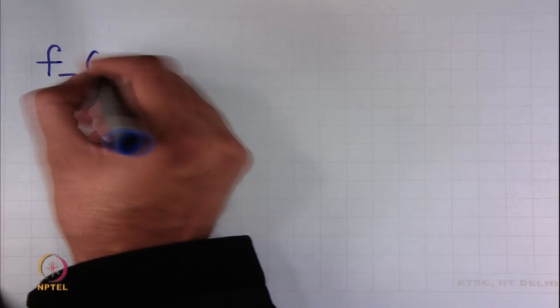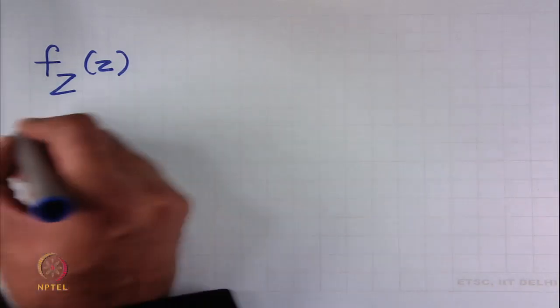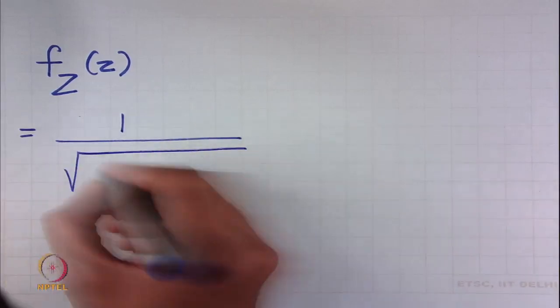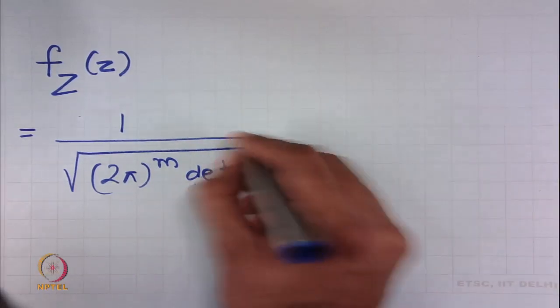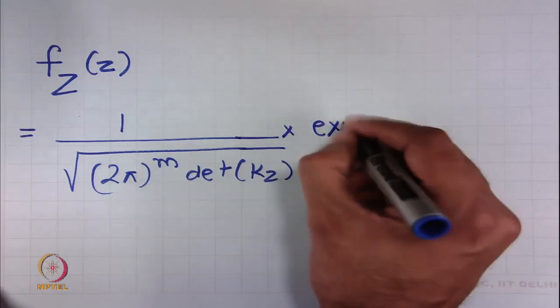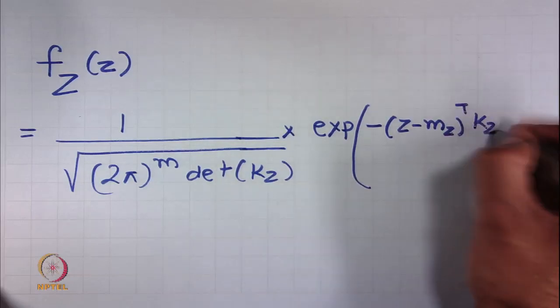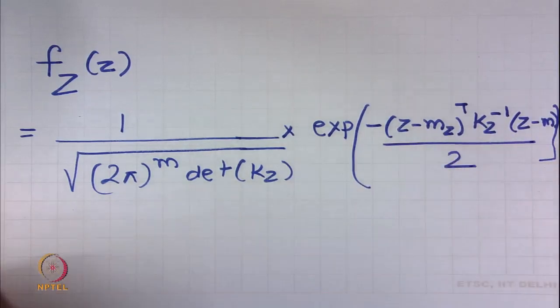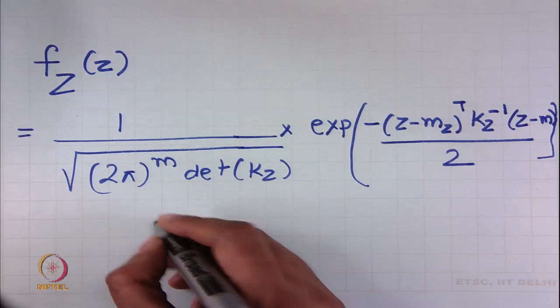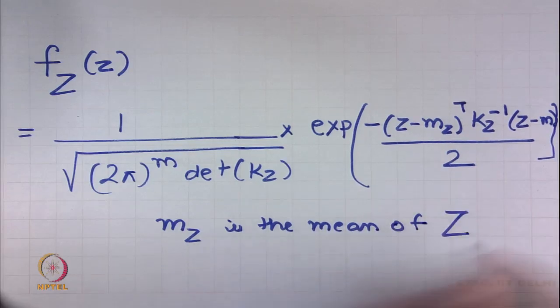So, the probability density function of this random vector Z when this is not with 0 mean will be simply, so what we see here is, what is this m Z? m Z is the mean of random vector Z. Okay.